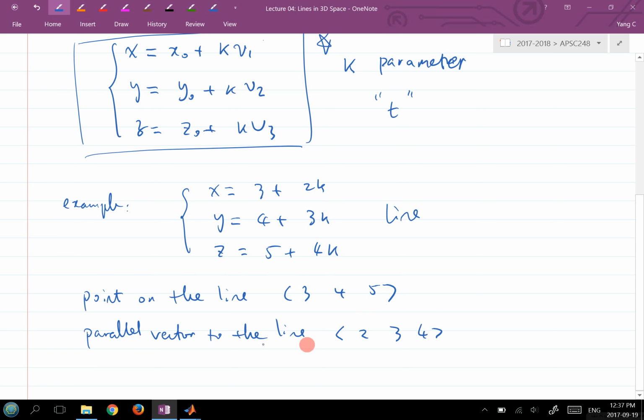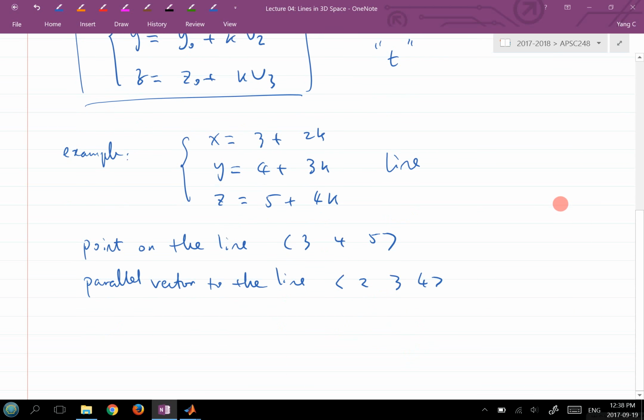And (2, 3, 4) is a parallel vector for the line, but there are infinite parallel vectors to the line. If you multiply (2, 3, 4) by any scale, any value, that's still a parallel vector to the line. Does that make sense? So you just have to be aware that there are infinite solutions.